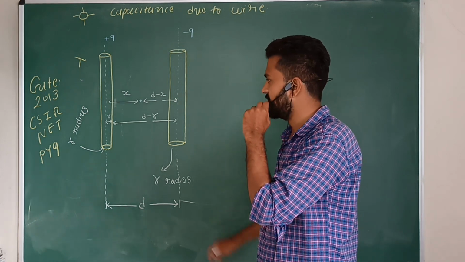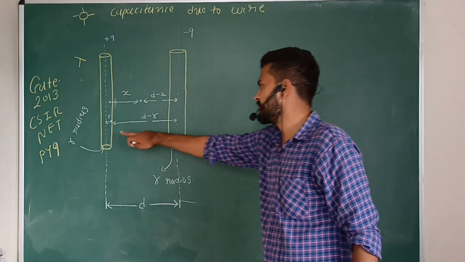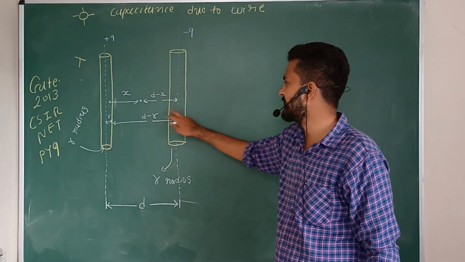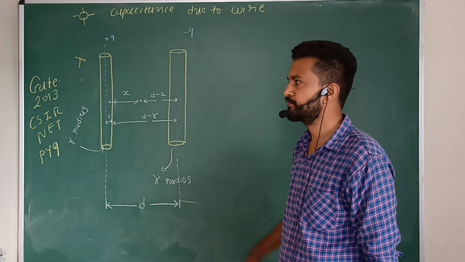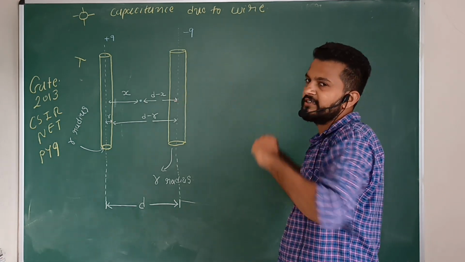First of all, these two are finite wires whose radius is small r, separated by a distance d. Now we are going to find out the capacitance due to this wire.